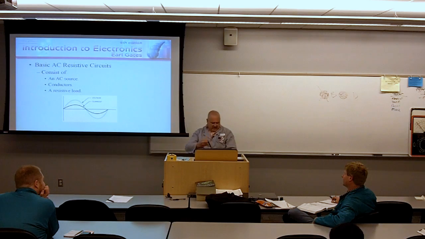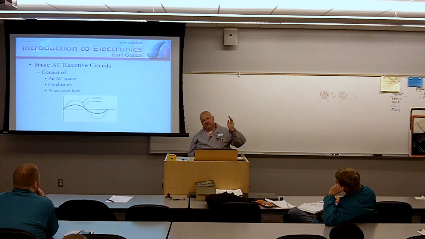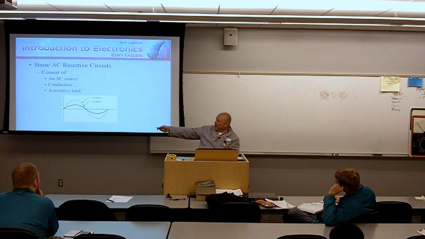Now what we see here, and we've got to be careful about this, because on the oscilloscope, what is it that we look at? On our horizontal axis is time, and on our vertical axis is amplitude, voltage. So what we're looking at here is a correlation between voltage and current. Can I see current on the oscilloscope?